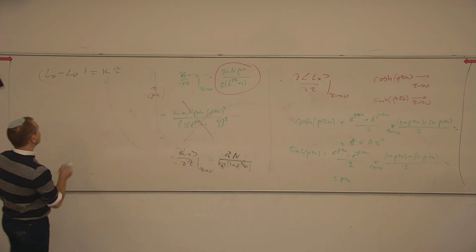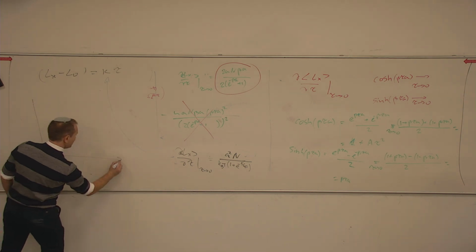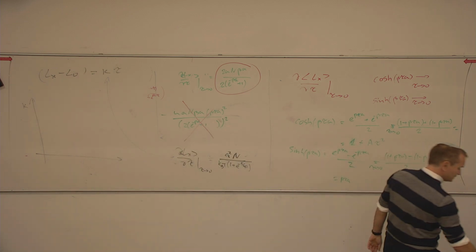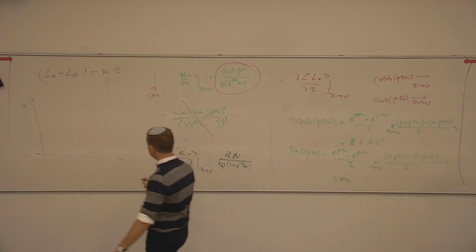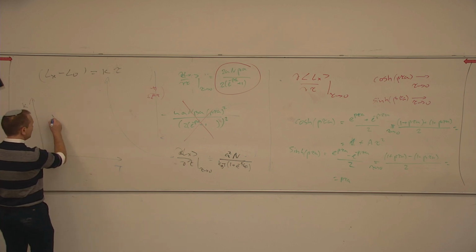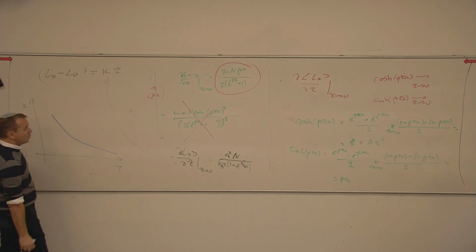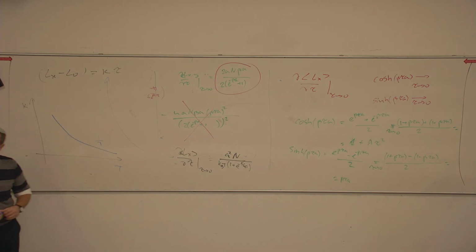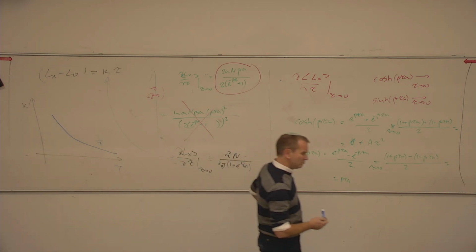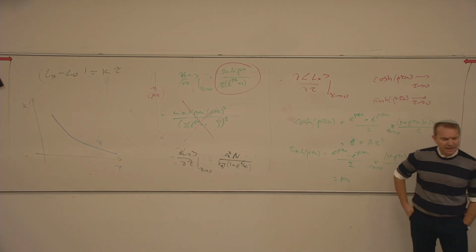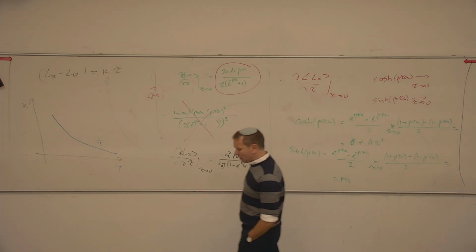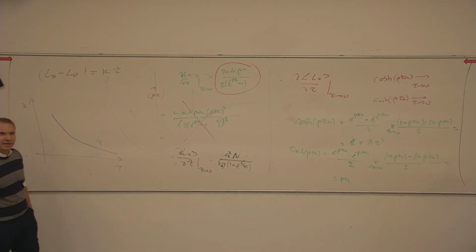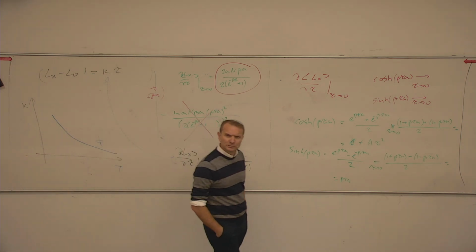Now, if we plot this k as a function of temperature, we'll observe this, 1 over T dependence of k. Is it reasonable? So I increase my temperature, and the response becomes smaller and smaller.